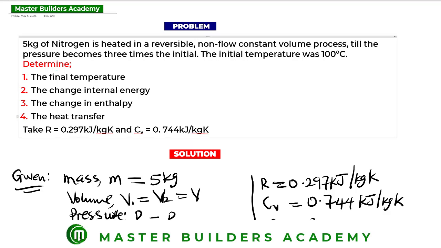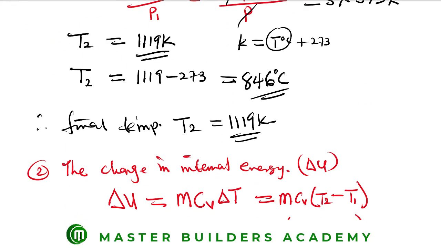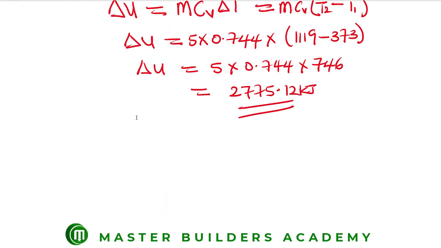Now the next question we are asked to look at, as you can see here, question number 3, is that we should find the change in enthalpy. And how do we find this change in enthalpy? To find change in enthalpy, we also have a formula for that.